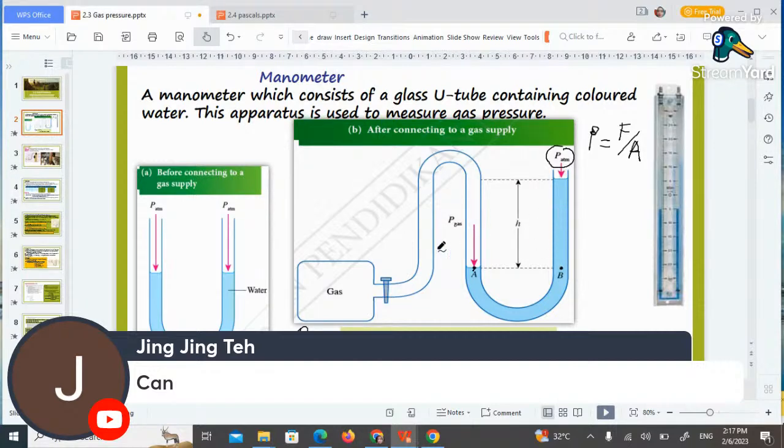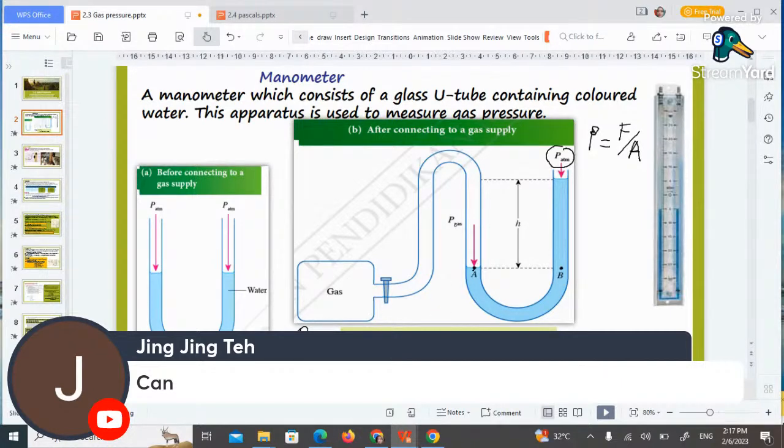Let's say here is water. So H centimeters of water plus atmospheric pressure. The total of atmospheric pressure plus H of liquid equals the pressure of the gas for this case.